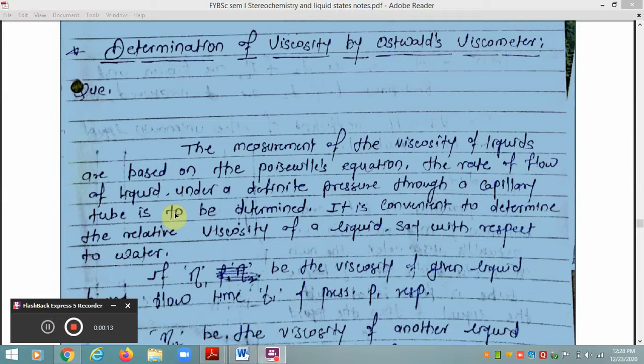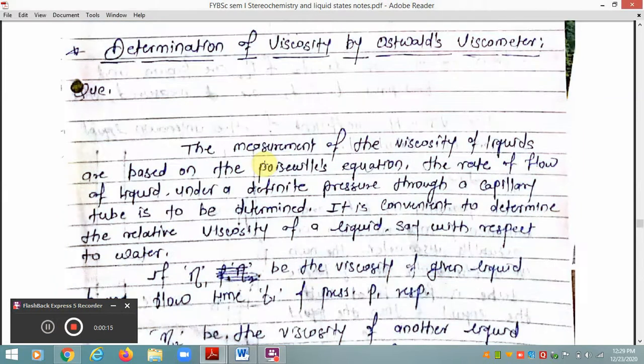Dear friends, in the last part of the video, we discussed the various physical properties of the liquid state, particularly surface tension and viscosity. At the same time, we also discussed how viscosity and surface tension can be determined experimentally with the help of different techniques.